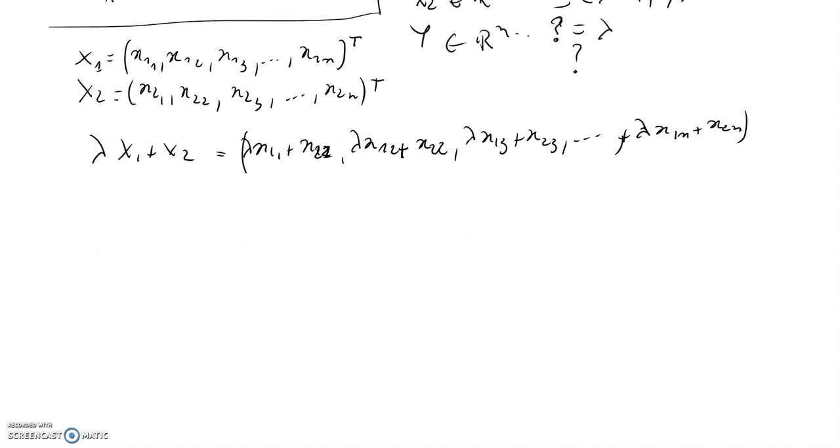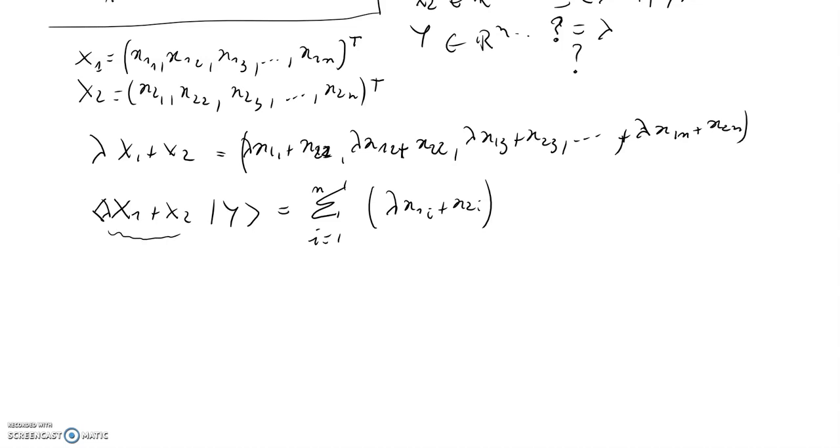Okay, so now if I take the dot product of lambda x1 plus x2 with some y, same definition as before, it should be the sum from i equals 1 to n of lambda x1i plus x2i, that's the ith component of this vector, times yi. Okay, that's an i here. So that's the definition of my dot product.